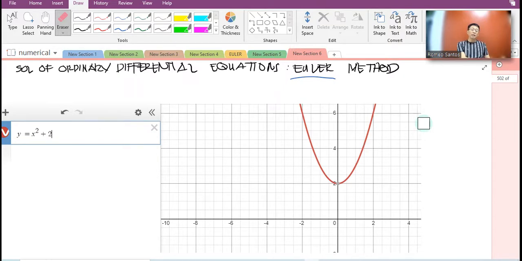So, what is the distance traveled when time is 5 seconds, when time is 2 hours? Parang ganon.